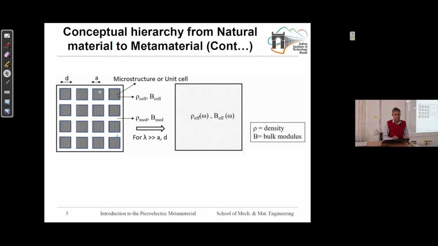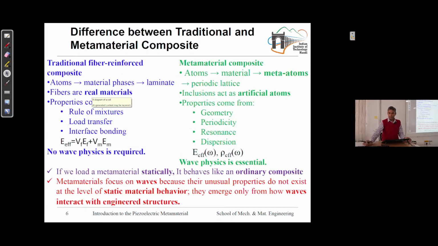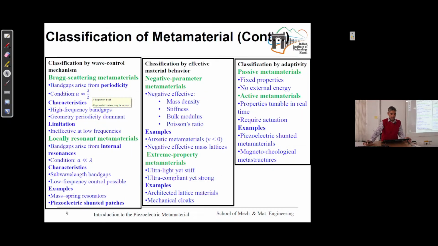A is the size of one meta atom. The Bragg scattering phenomenon happens when A is equal to half of the wavelength, the wavelength of the sound wave, the wavelength of the vibration wave, and so on.